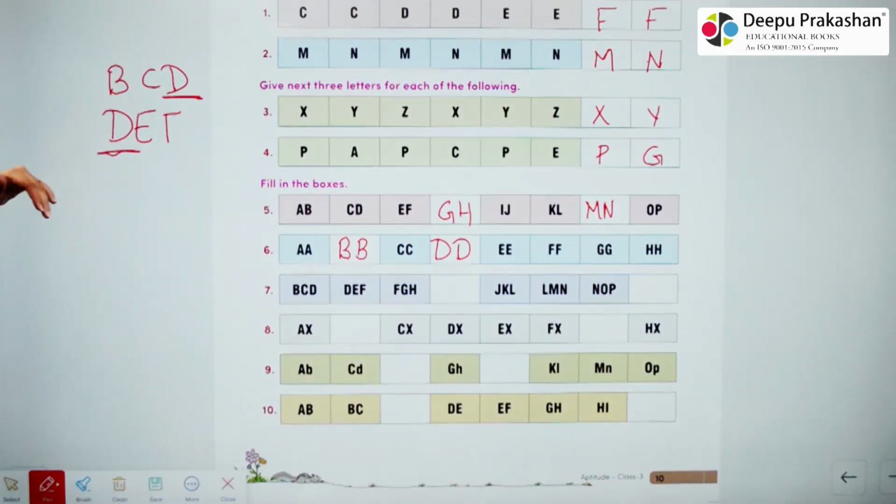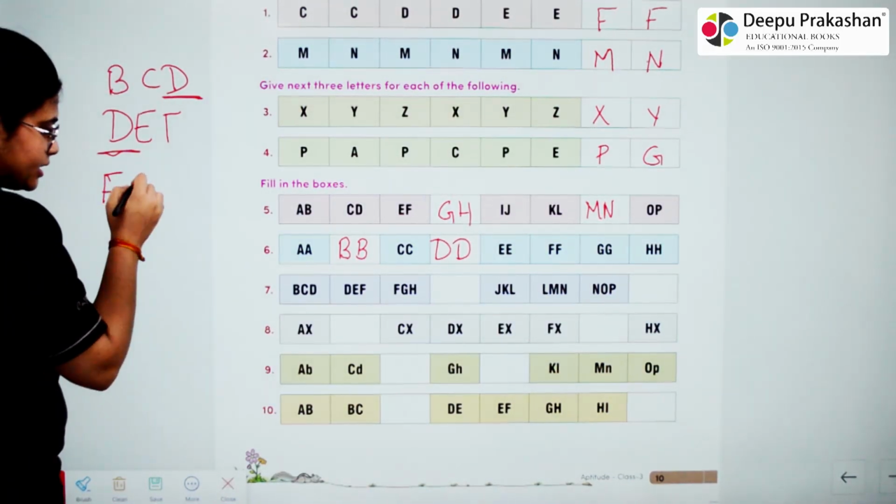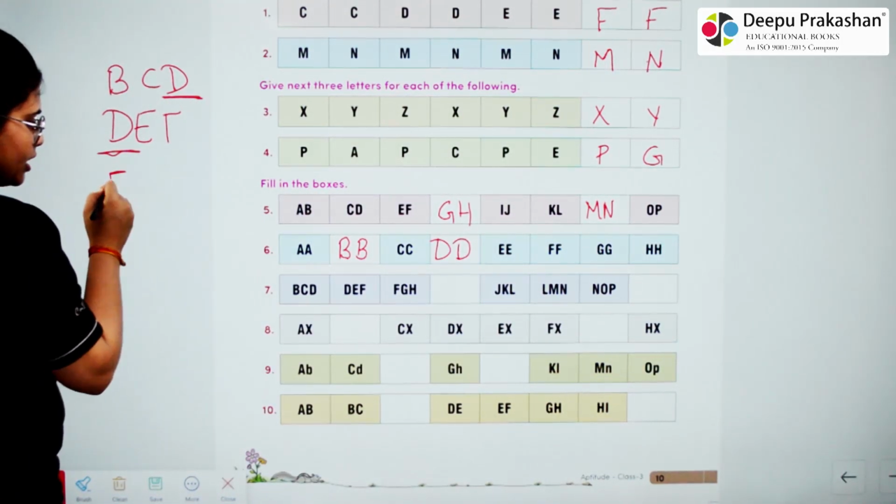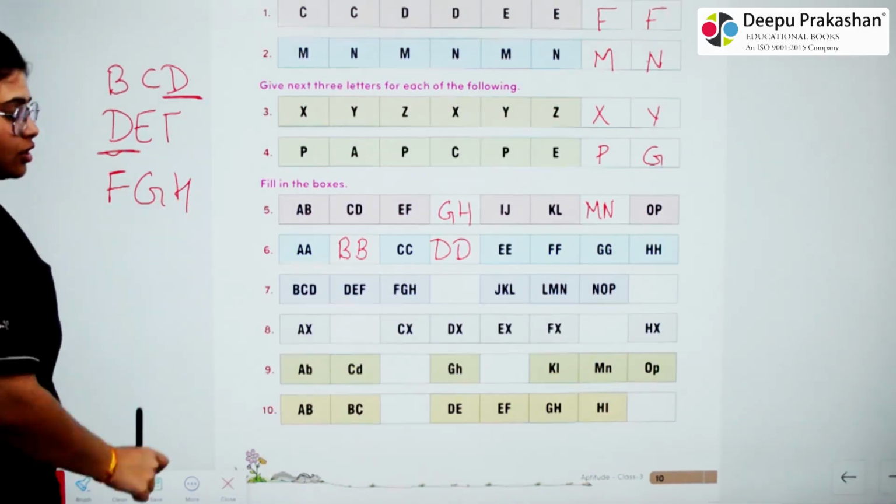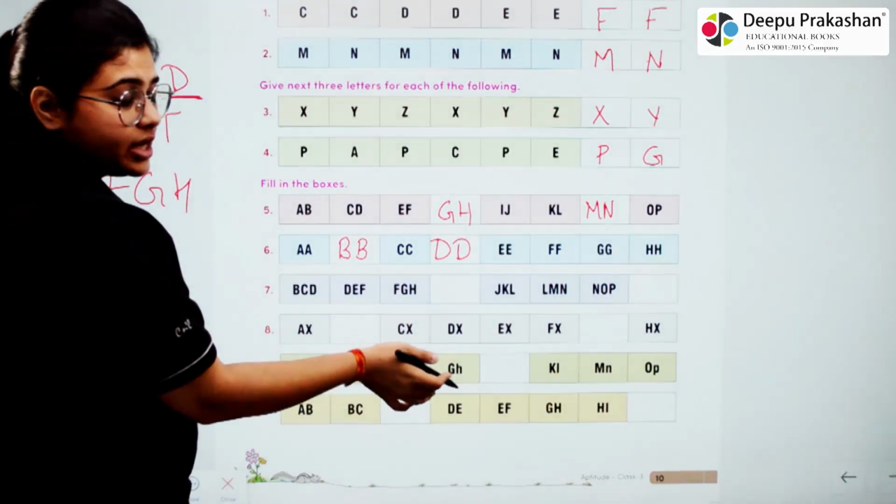So if we continue this pattern, the third pair that is given to us is F, G, H, and the next pair is missing.